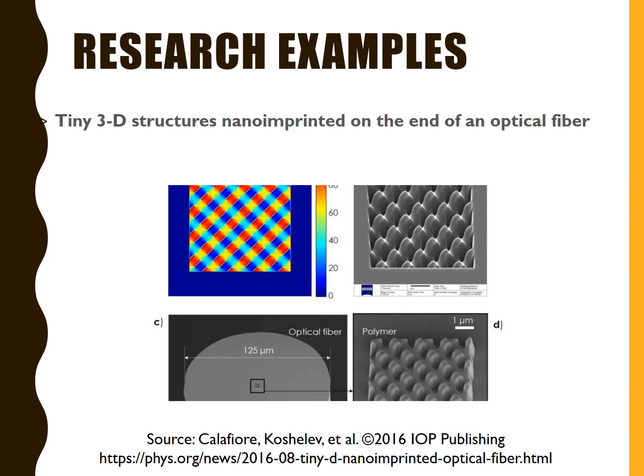Those structures that they got to imprint on the optical fiber are able to manipulate the light properties, and these are the phase and the waveform, which are essential for integrated optic applications like laser matching, luminate fiber, and some biomedical sensors.